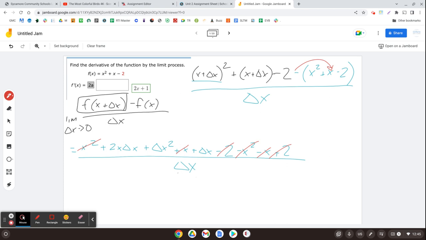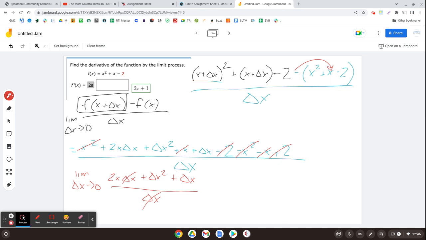Okay? So now we've got the limit as delta x approaches 0 of 2x delta x plus delta x squared plus delta x, right? Yeah, I agree. And then all over delta x, and now we're going to start canceling things. So this delta x will cancel with that delta x.